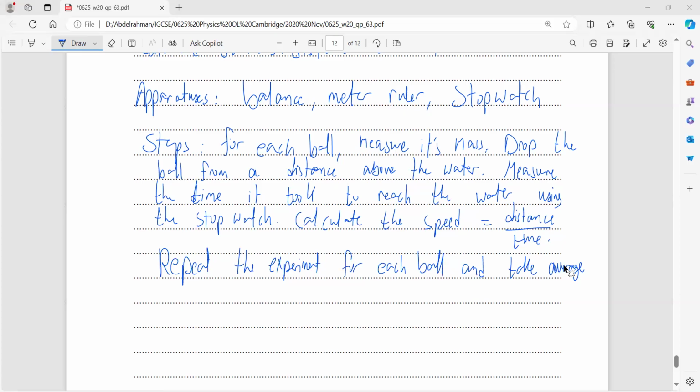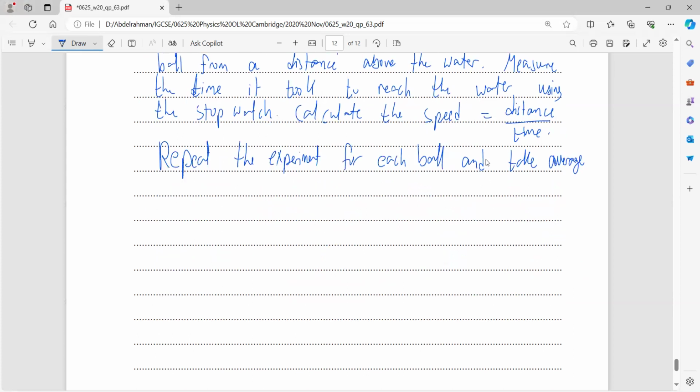What about the conclusion? We said repeat and take the average. As for the conclusion, we can say draw a graph, for example, or draw a table. Drawing a graph is actually better. Why should I draw a graph? To compare the results.